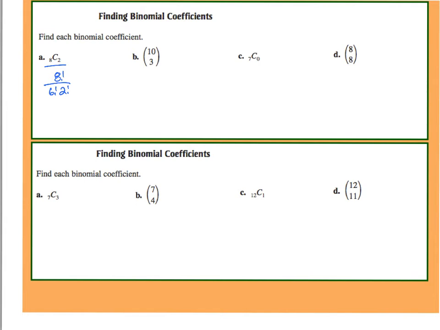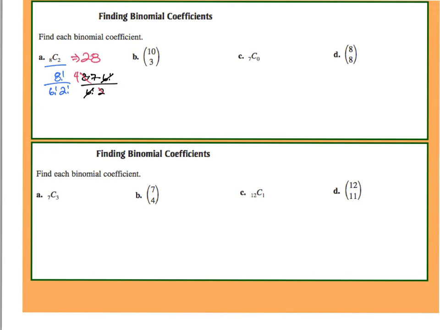How do I want to think of 8 factorial? 8 times 7 times 6 factorial. And then I have a 6 factorial down there, and they cancel. And then what's 2 factorial? It's just 2. So you could think of 8 divided by 2, that's 4. And so I have 4 times 7, which is 28. So 8 combination 2 is 28.